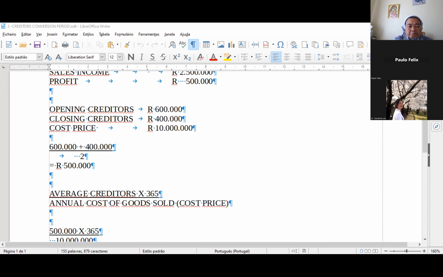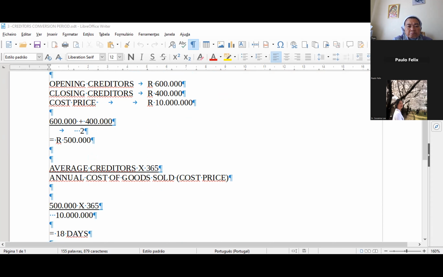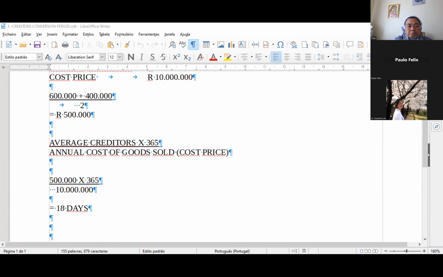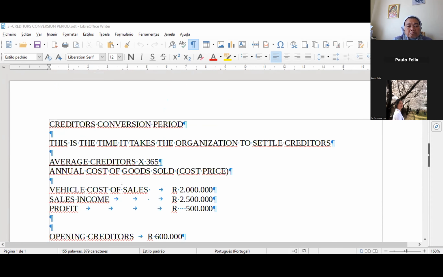So the average creditors times 365 divided by the annual cost of goods sold. So 500,000 times 365 days divided by 10 million comes to 18 days for the organization to settle the creditors.